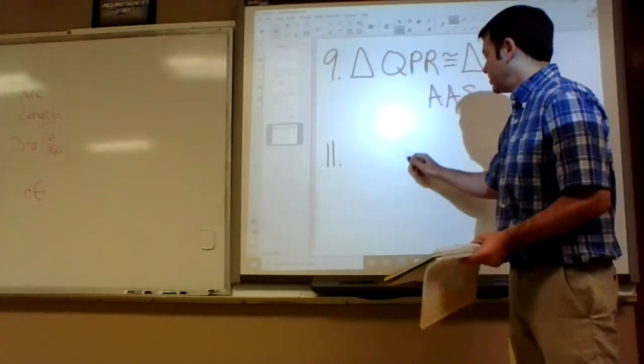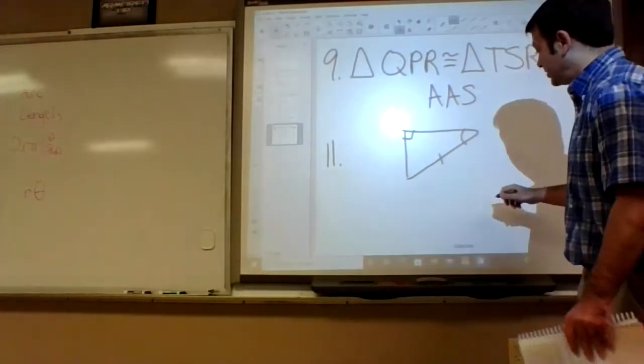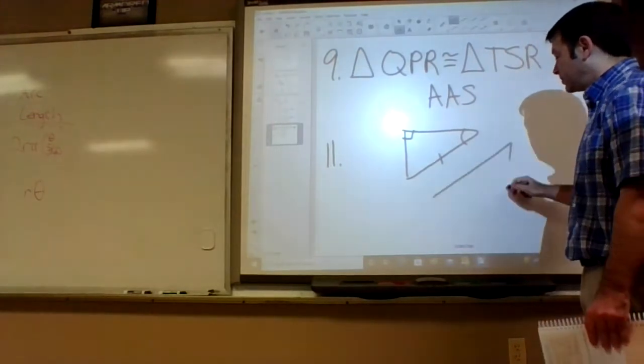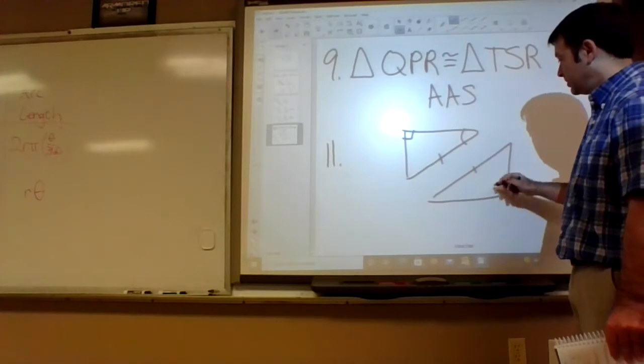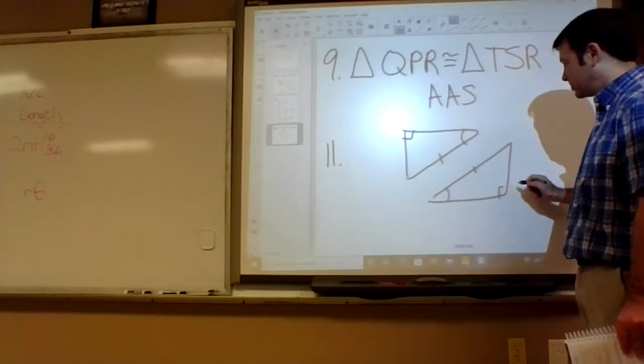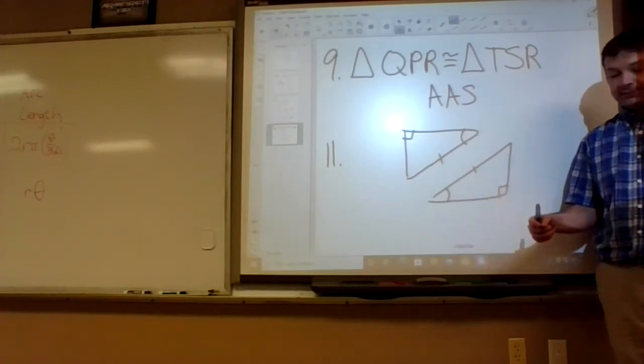So, you guys see what we got? We got the right angle, we got that thing, right? And on this other one, same stuff. We got that one, same as that one. So, how do we know the triangles are congruent? Angle, side.